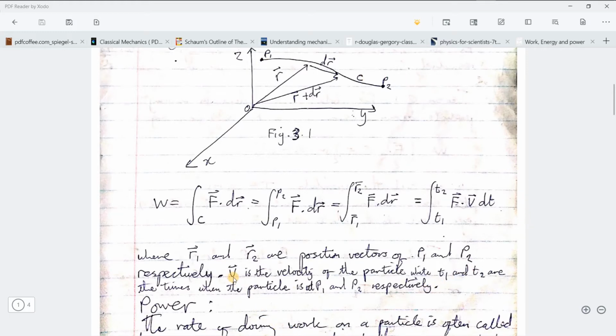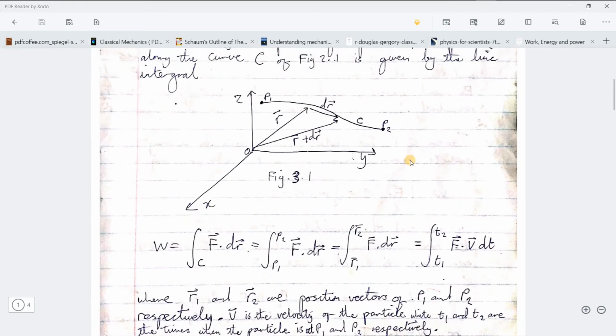I'll repeat: v is the velocity of the particle, while t1 and t2 are the times when the particle is at P1 and P2 respectively.